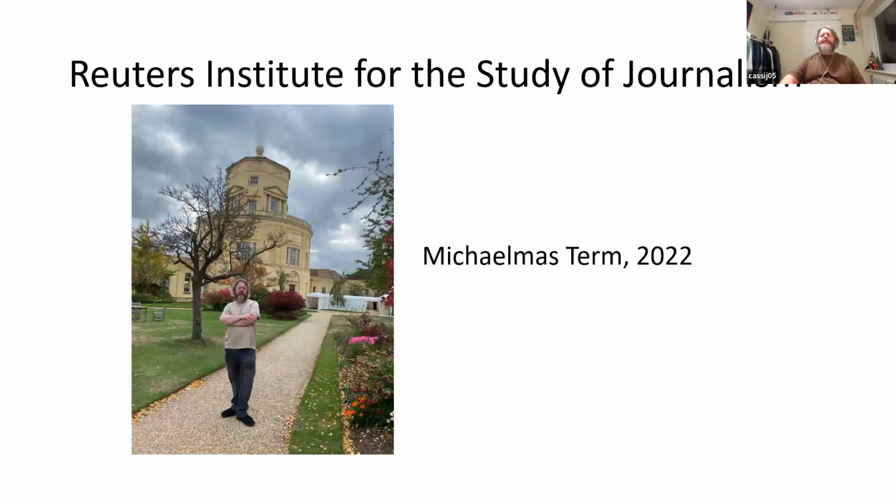So this is me, and this is really where it all started for me. I was lucky enough to go to the Reuters Institute for the Study of Journalism at Oxford University in Michaelmas term in 2022. It was a BBC-sponsored fellowship, and I was the first blind fellow that they've had in the 40-year history there.